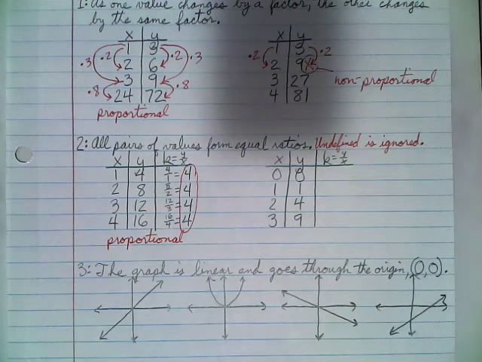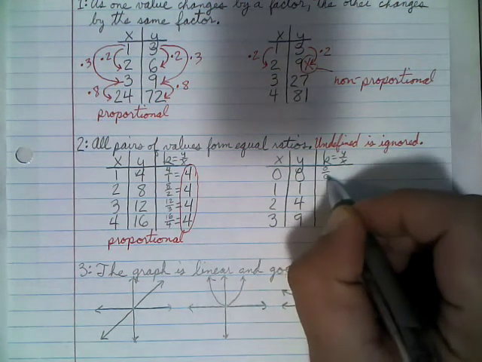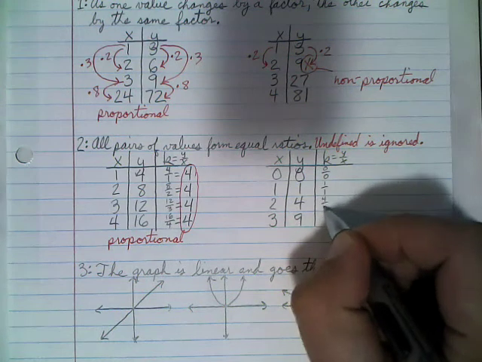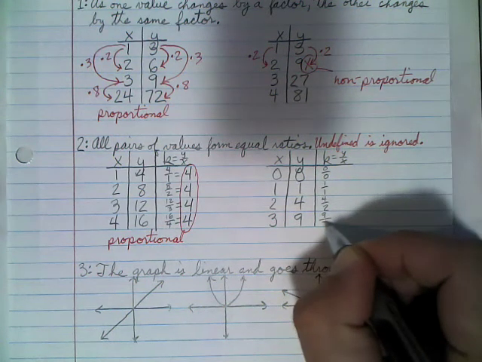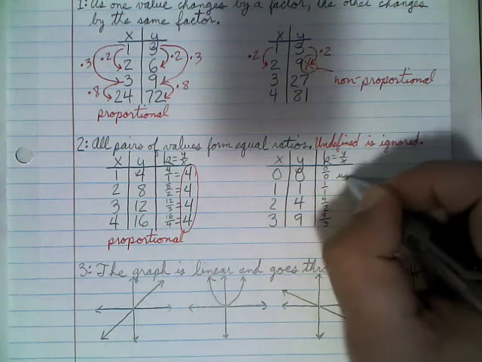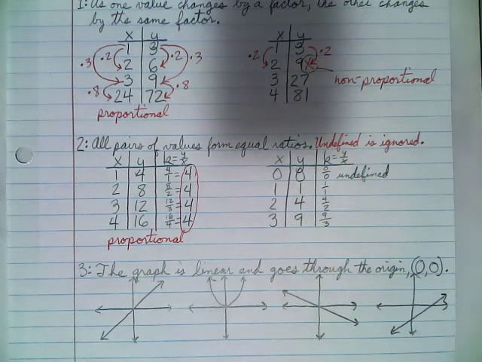If we look at our other table of values, I would have 0 over 0 here, 1 over 1, 4 over 2, and 9 over 3. Well, 0 over 0 is undefined, which isn't a problem. We're just going to skip over that one. We're not going to worry about that. So we're going to look at the rest of them.